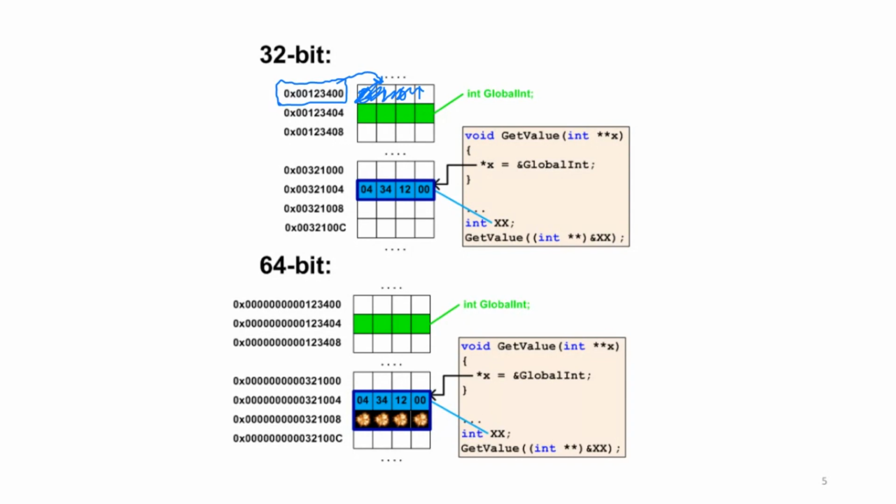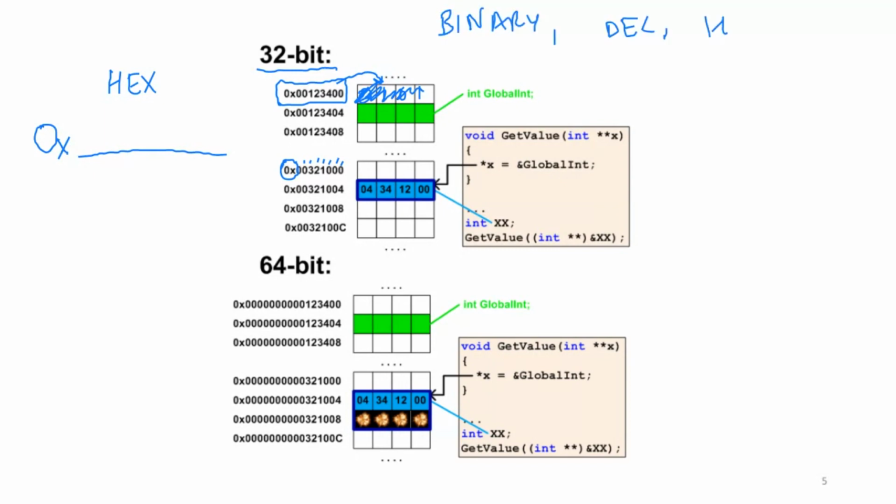So if you have a 32-bit system, now count these digits: 1, 2, 3, 4, 5, 6, 7, 8. The 0x at the start of an address means that whatever comes afterwards is in hex. You know hex? Everybody's comfortable with the hex system? Like we have a binary system, we have a decimal system, we have a hex system.